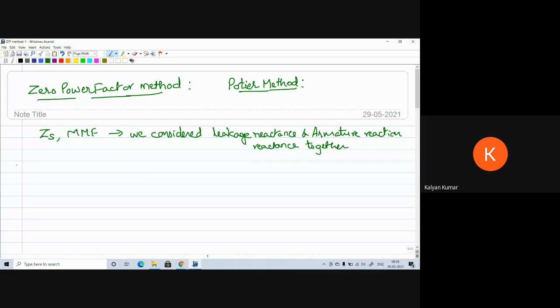So in the synchronous impedance method, we have taken the XS value. XS is nothing but the sum of XL and XA.